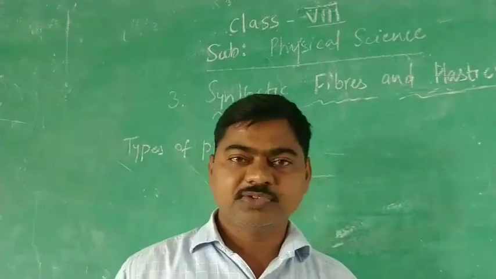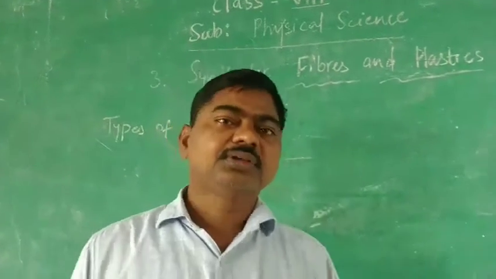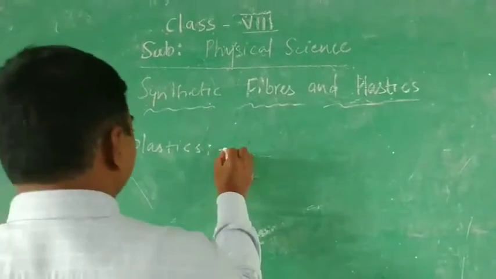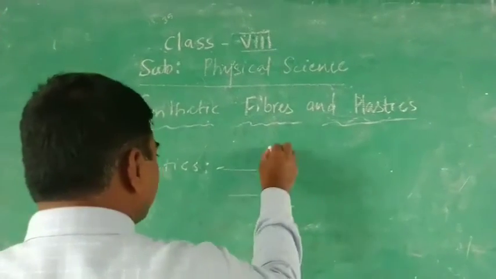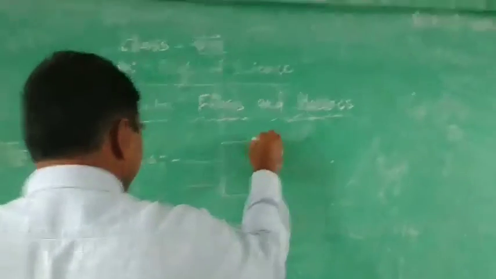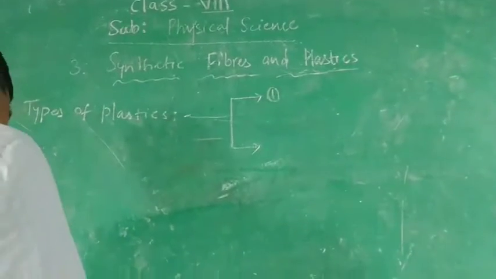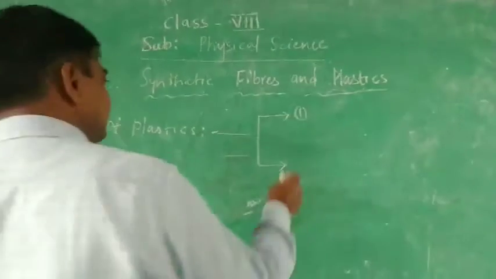How many types of plastics are there? Good. Two types of plastics are there. What are they? First one, thermoplastic.